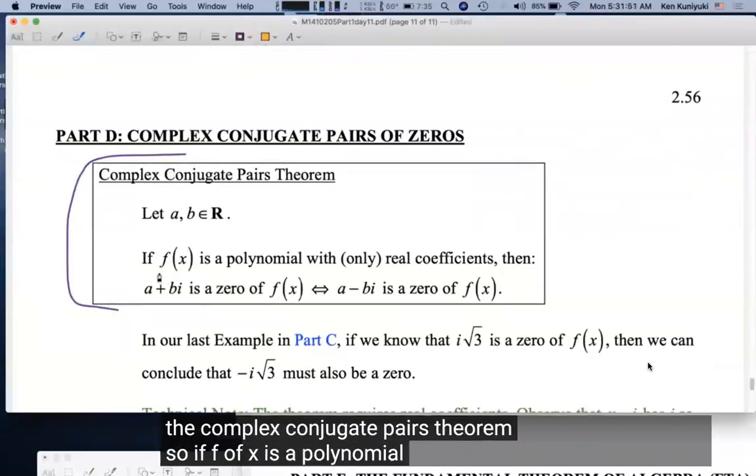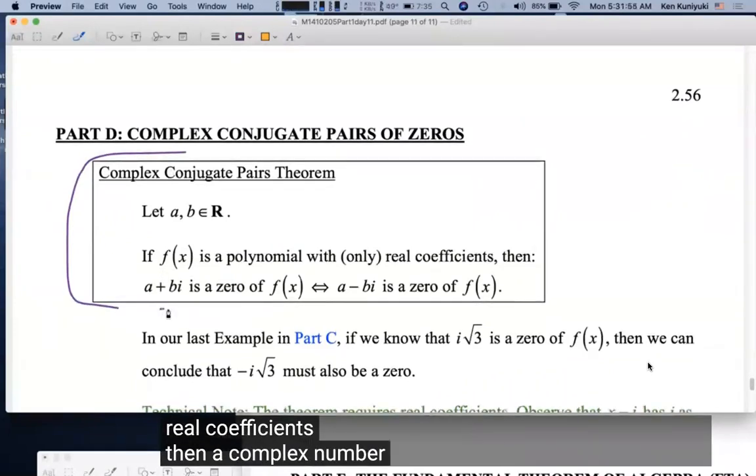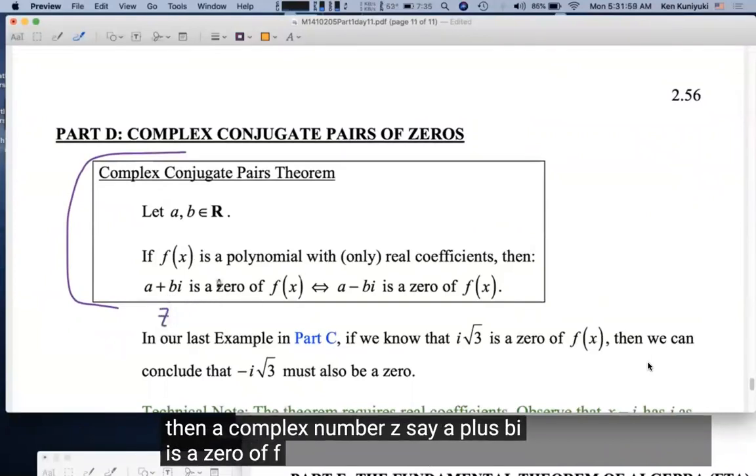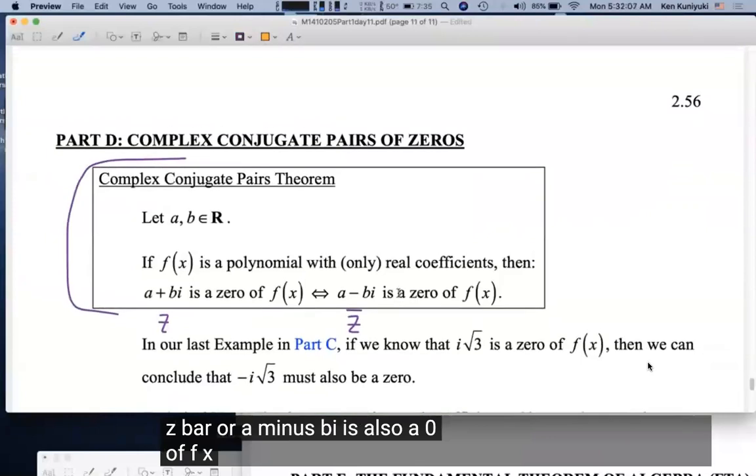If f of x is a polynomial with only real coefficients, then a complex number z, say a plus bi, is a zero of f of x if and only if its complex conjugate, z bar, or a minus bi, is also a zero of f of x.